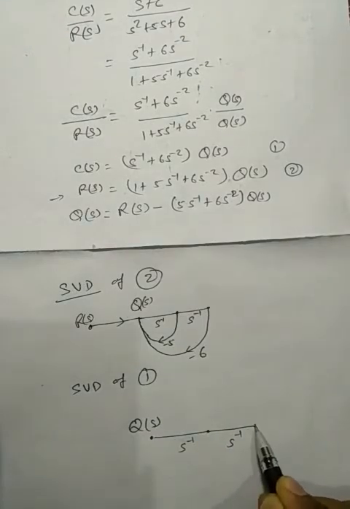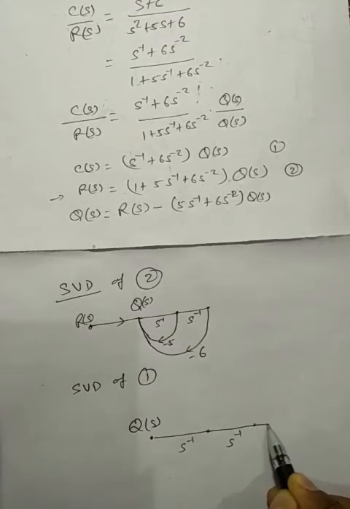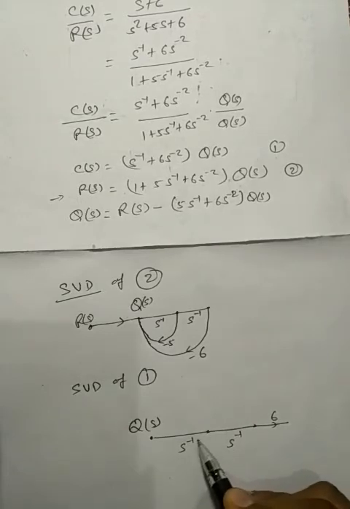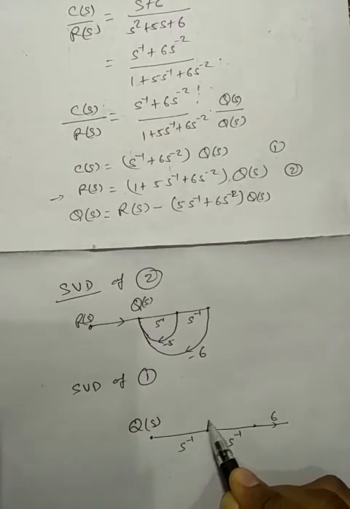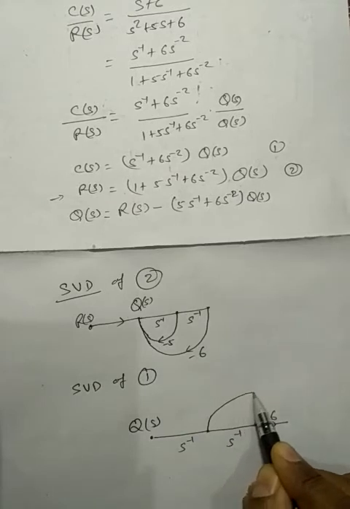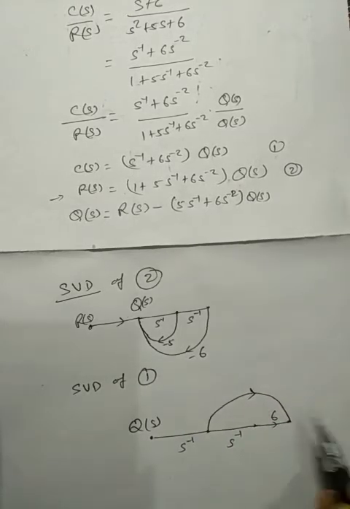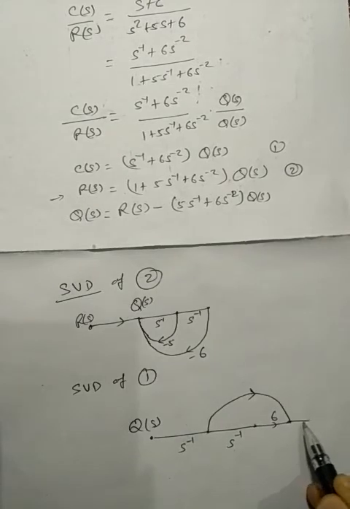So here I am getting S power minus 2, so multiply this with 6 and this S inverse will come here like this, and then I am getting here Cs.